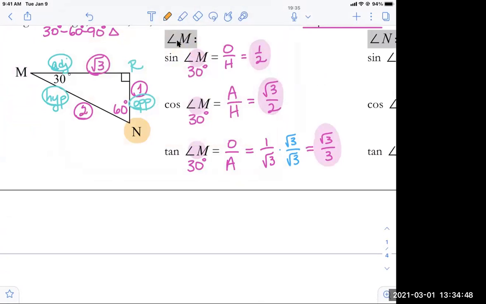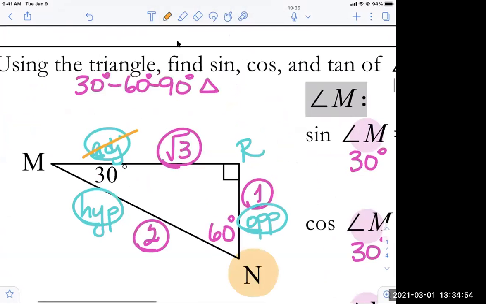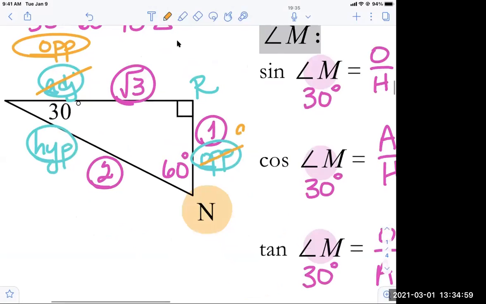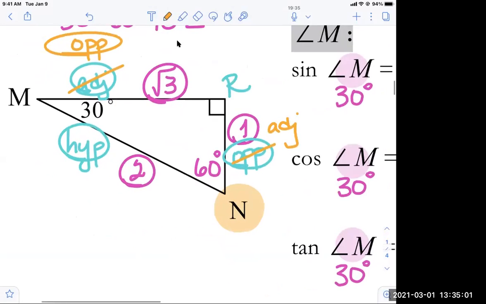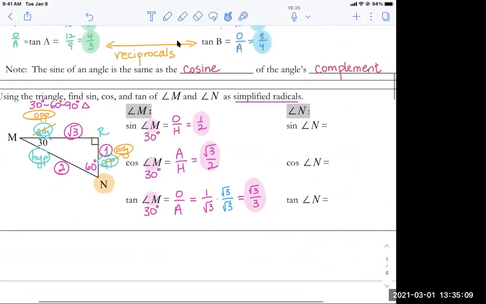The hypotenuse doesn't change, but now the adjacent becomes the opposite, and the opposite becomes the adjacent. Again, the side across from N is now the opposite across the triangle.